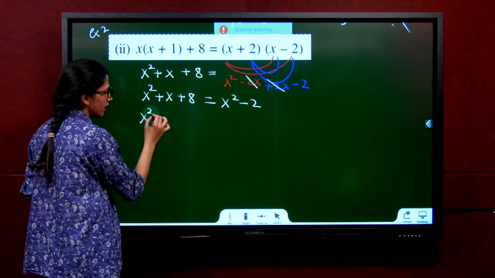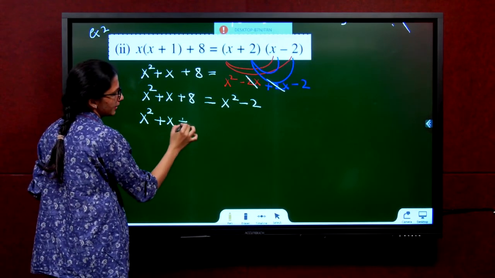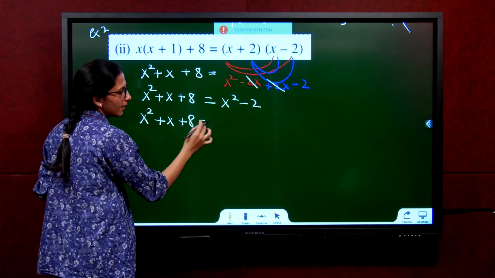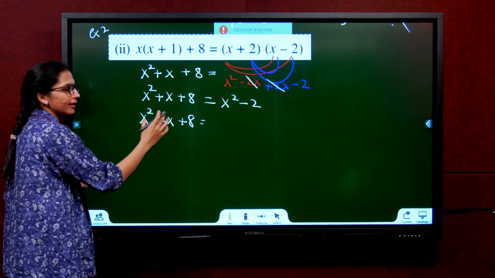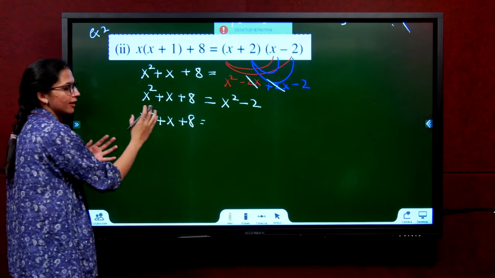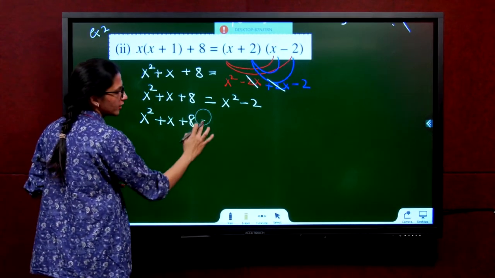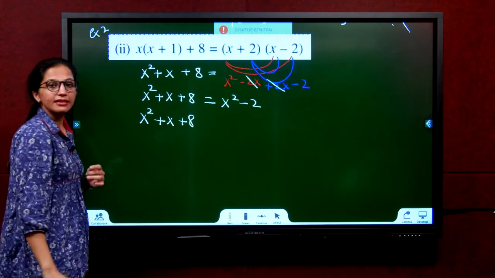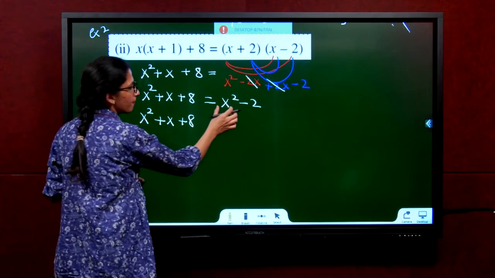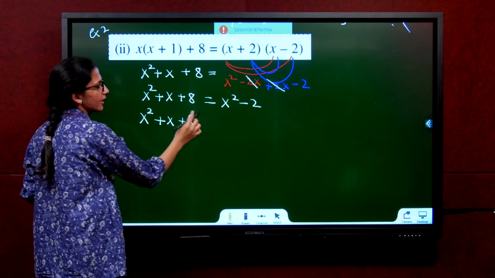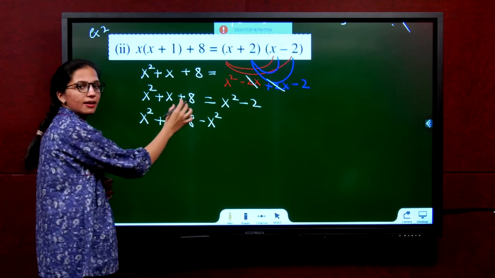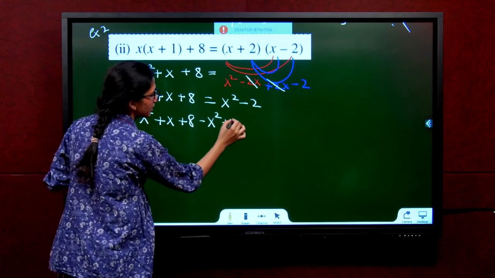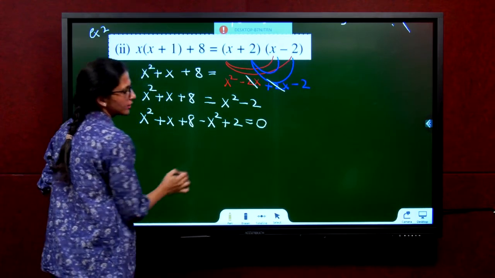So x square plus x plus 8. When a term moves from one side to the other side, we observe that the sign changes. Plus x square is coming this side, it becomes minus x square. Minus 2 is coming this side, it becomes plus 2 is equal to 0.